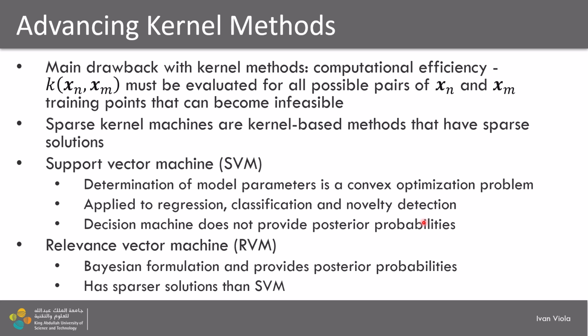And then, as an example of a probabilistic approach, we will be talking about the relevance vector machine, which has a Bayesian formulation, provides posterior probabilities, and generally has a sparser solution than the support vector machine.